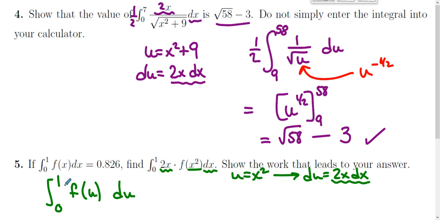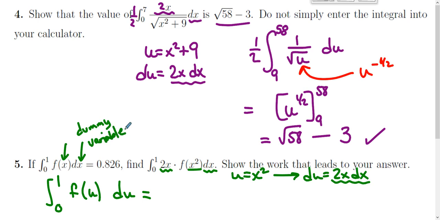And then we realize that this integral has the same value that this integral does, so we do this one because it's easier. Well, wait a minute. Why is it easier? Well, because we already have this piece of information. And it's a curious thing that we talked about in a previous lesson. This actual variable here, this is what we call a dummy variable. It literally does not matter.